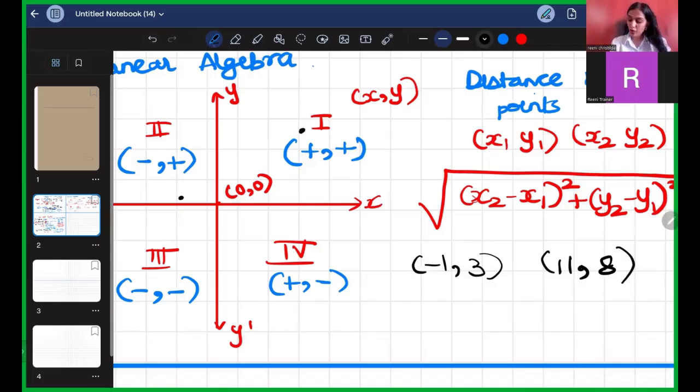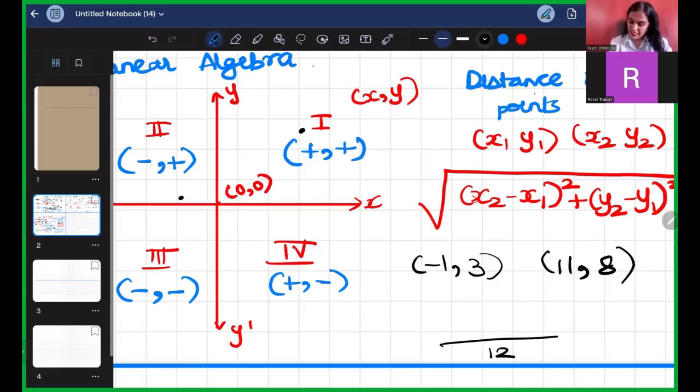So let's find the horizontal distance between these 2 points. This is the horizontal distance. The difference in x-axis is 12, which is 11 minus minus 1.